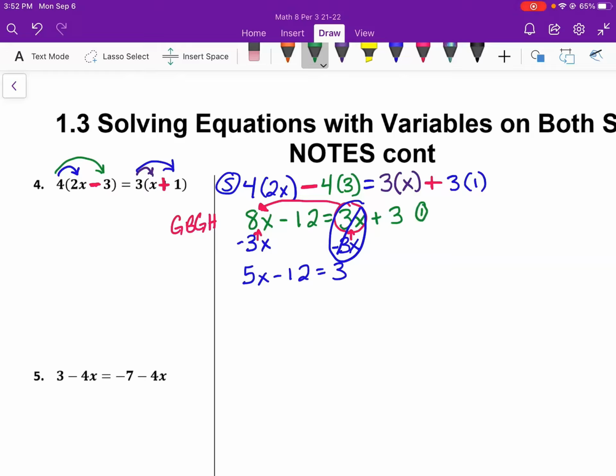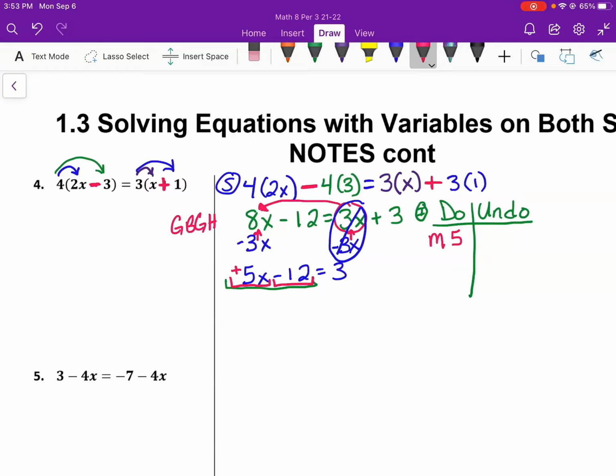Now I can go to my identify stage. Oops, that's an I, sorry. Okay. Do and undo. So I look at the side just with the variable. And the symbol out in front of this number is a positive. The symbol out in front of this number is a negative.